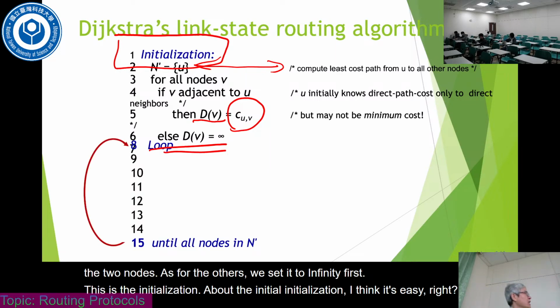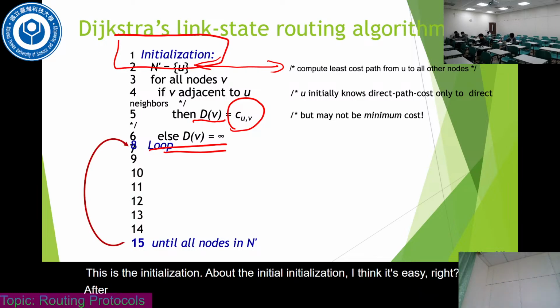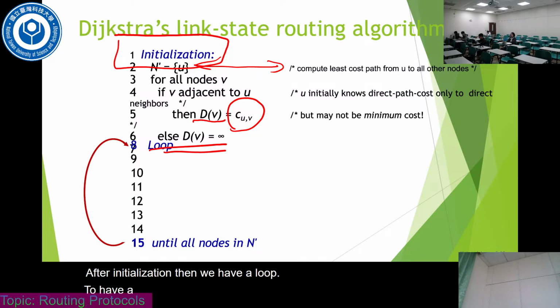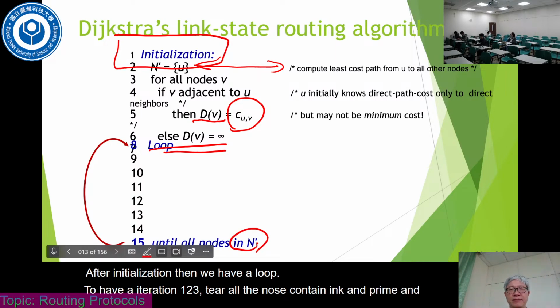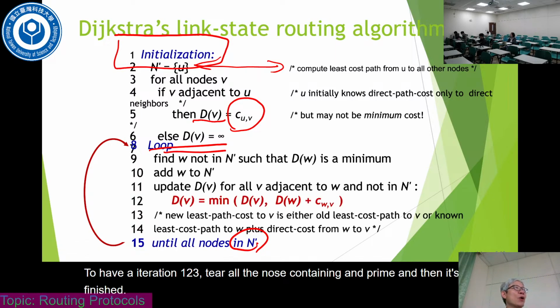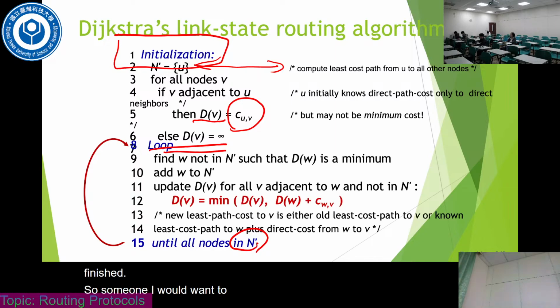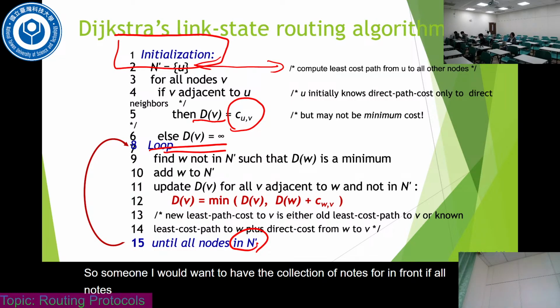After initialization, we have a loop with iterations 1, 2, 3, until all the nodes are contained in N prime, and then it's finished. So if all nodes are contained in the set N prime, then we finish the algorithm.